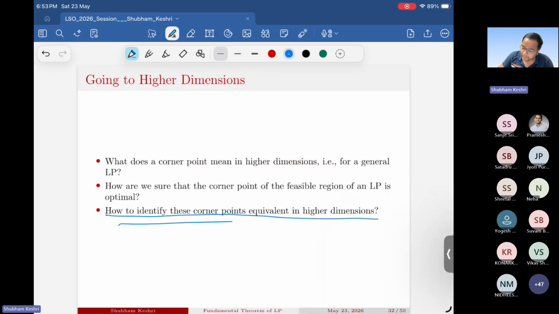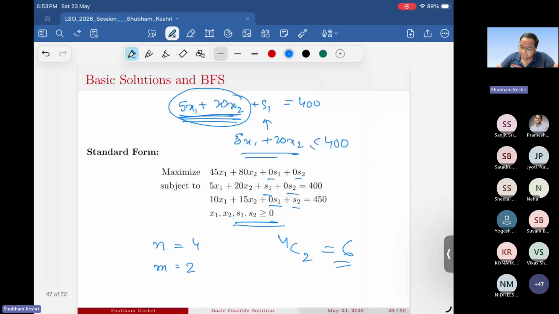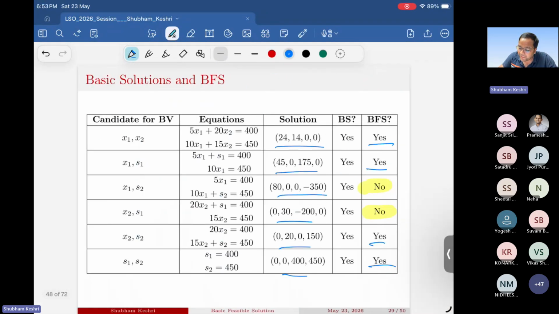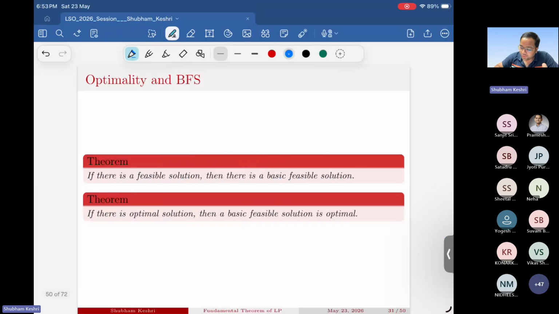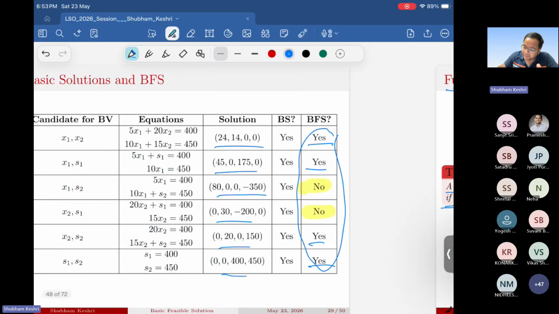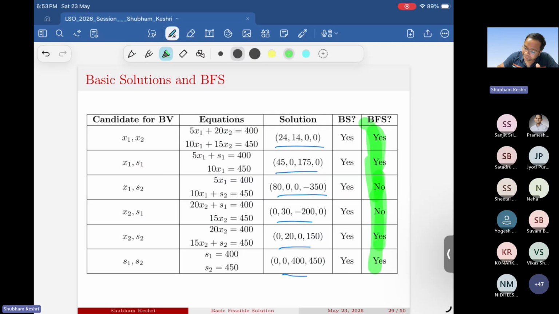How are we going to identify corner points in higher dimension? You just convert your LP into standard form and solve the system of equations to obtain the basic feasible solutions. Those basic feasible solutions are the corner points of the feasible region. Therefore, you can identify the corner points by identifying the basic feasible solutions in your LP. Is it clear? Any doubt?